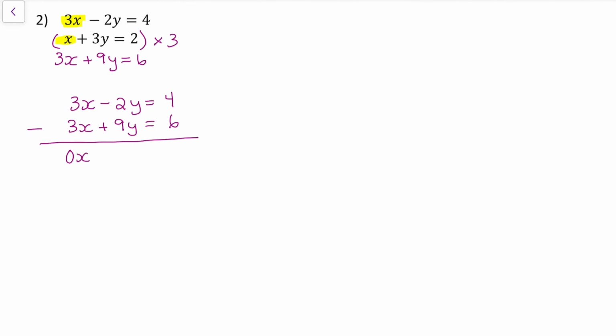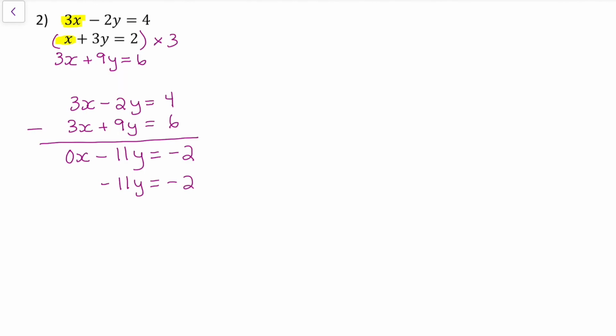Negative 2y minus 9y gets us minus 11y. So we have to be really careful when we're subtracting with negatives. Okay? And then 4 take away 6 is going to be negative 2. So I'm left with minus 11y equals negative 2.